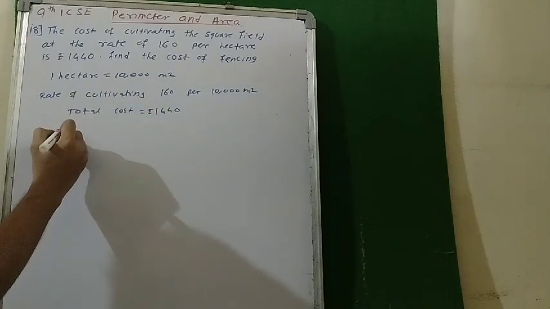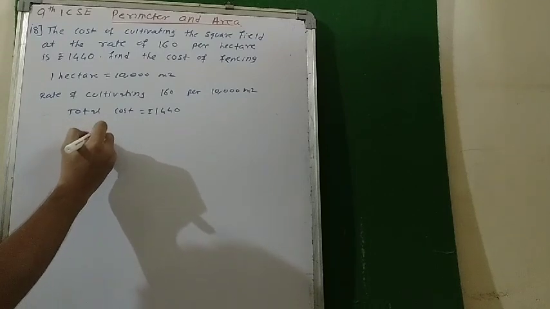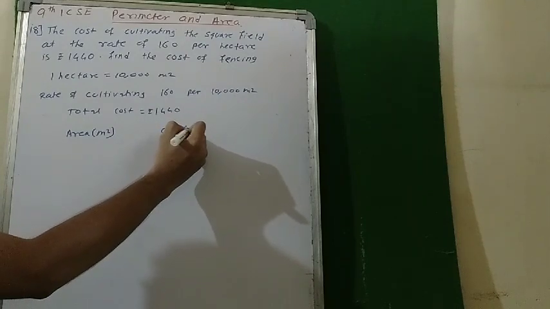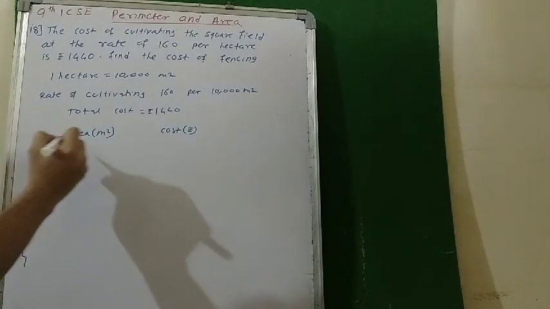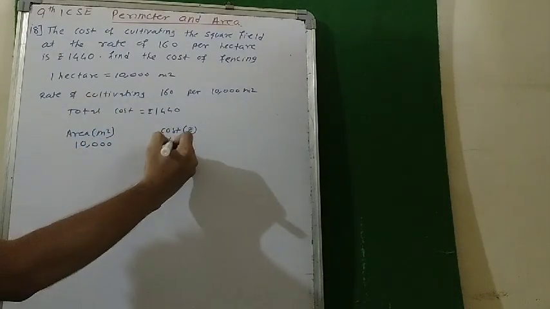So we will use ratio and proportion, that is area in meter square, cost in rupees. If area is 10,000 meters square, its cost is 160.